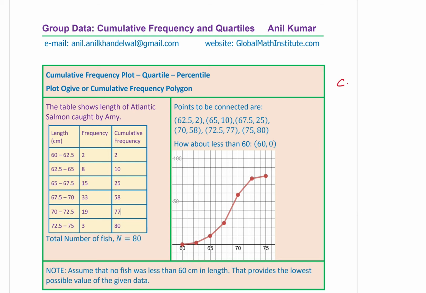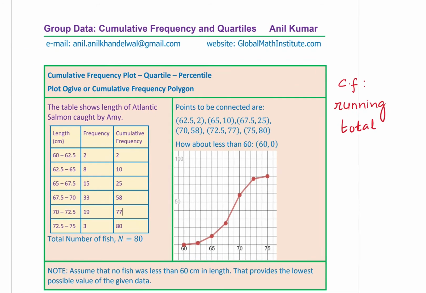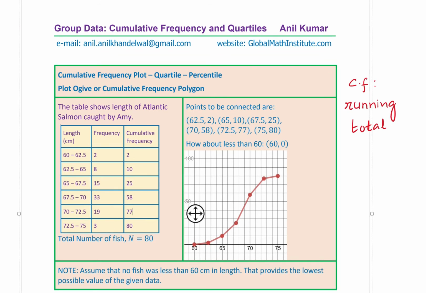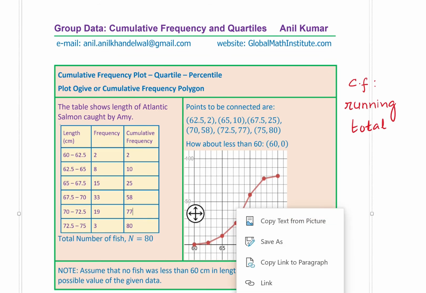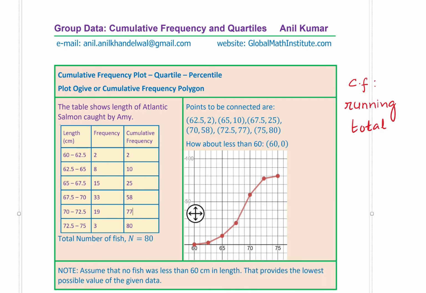So in the given interval we have 2. The next one, you add 2 to 8 and then you get 10. Keep on adding, and once you add the next one, you get 25.